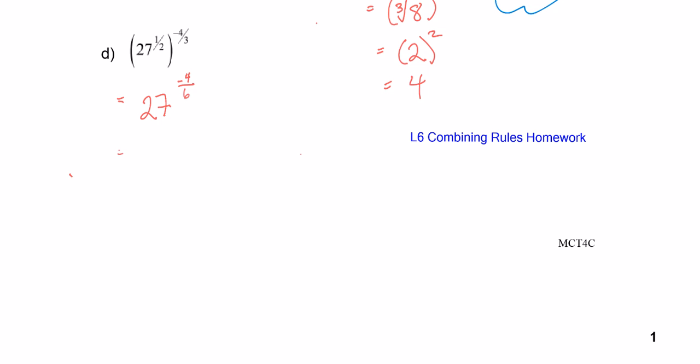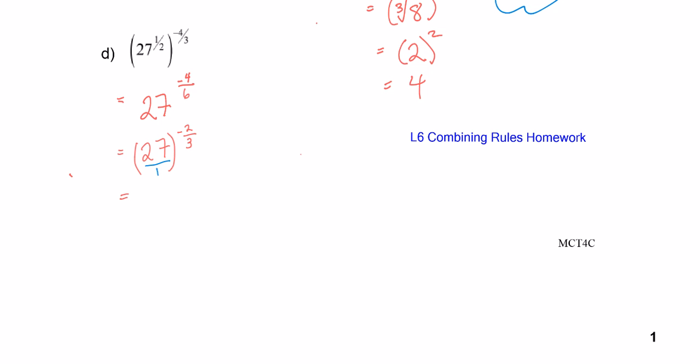Now we have to reduce our fraction. So we can write this as 27 to the -2, or is it -3? I think it's -2. We can divide both the top and bottom of the fraction by 2 to get 27 to the -2 over 3. Then imagine that this is all over 1.